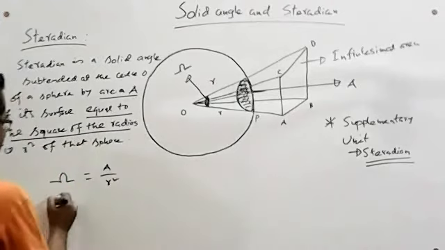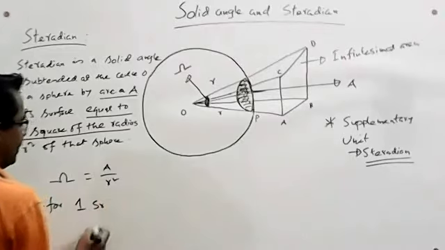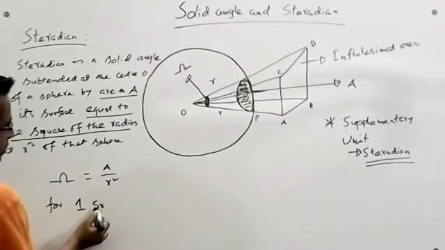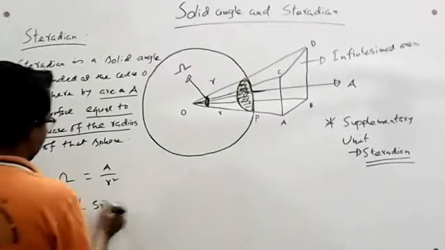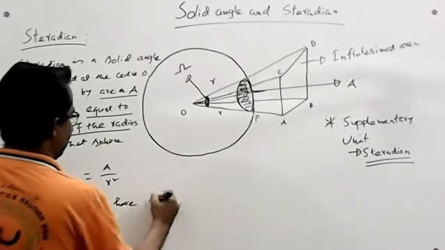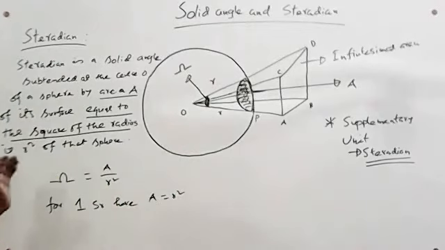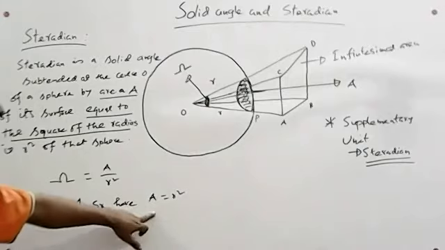That is, one steradian is denoted by SR. For one steradian, here A equal to r square. By the definition, the surface area A and the square of the radius will be the same.